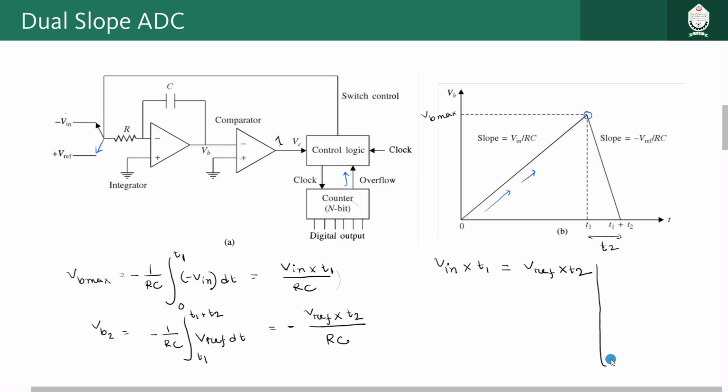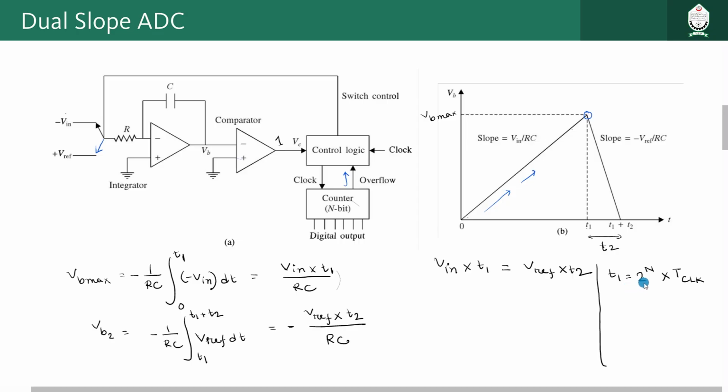Maybe we can just make T1 equals to what? T1 equals to 2 to the power n multiplied with TCLK. Why is that? For n bit counter, the maximum number it can count up to is equal to 2 to the power n, right?